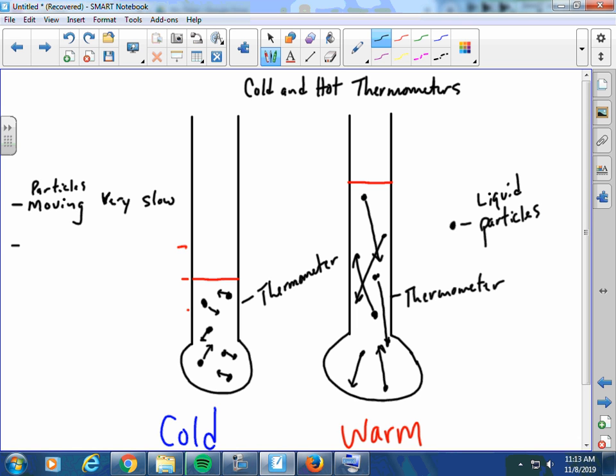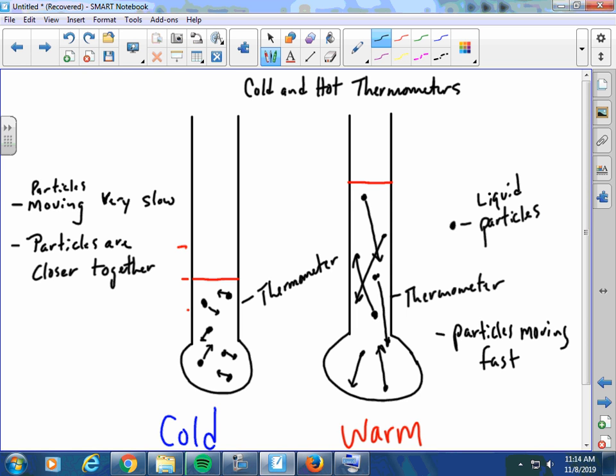They are closer together. Anything else we need to say? What about the hot side over here, warm side? Particles moving fast. What else about the particles?